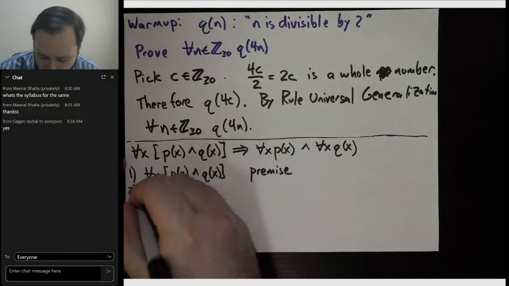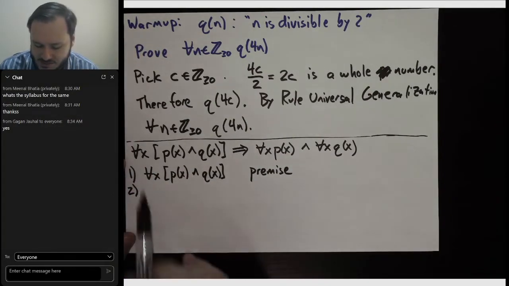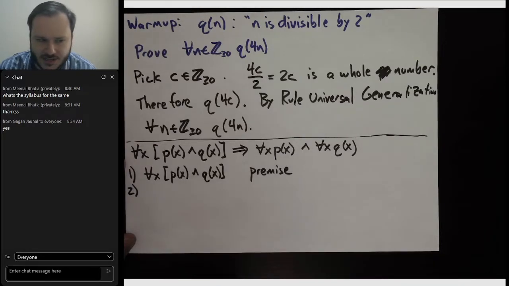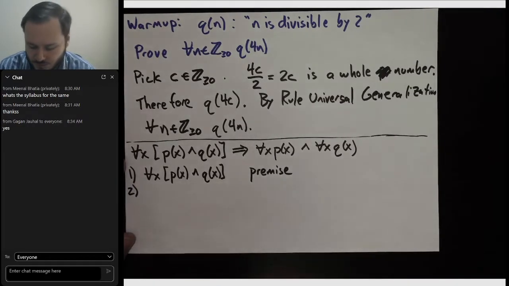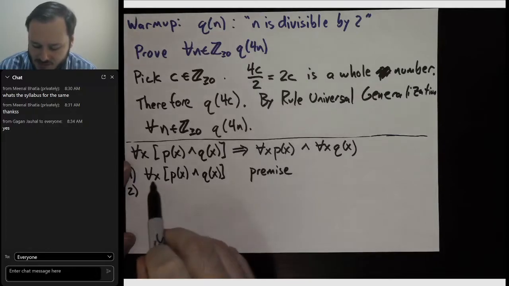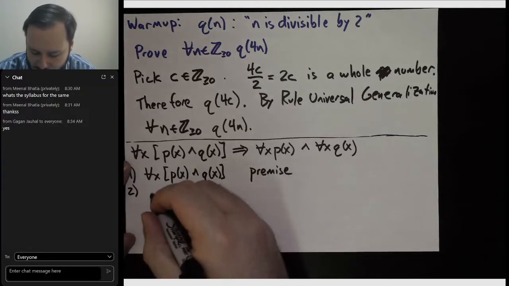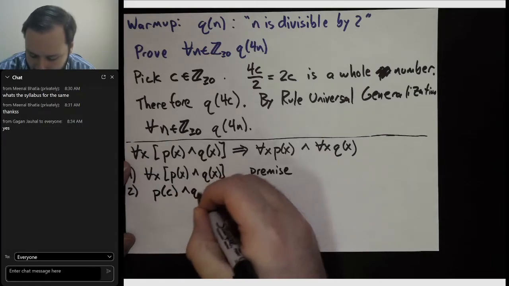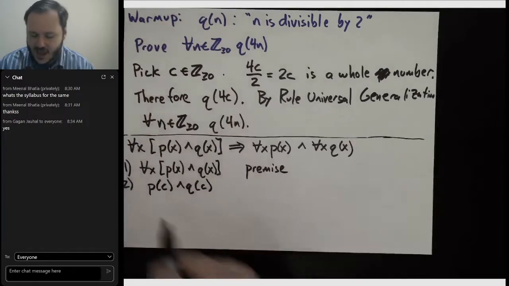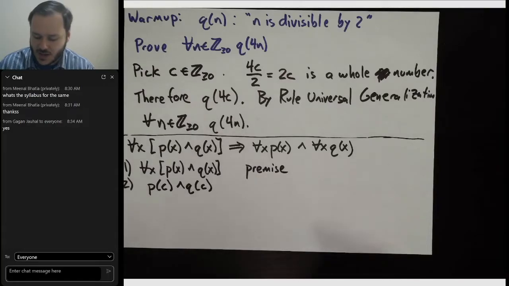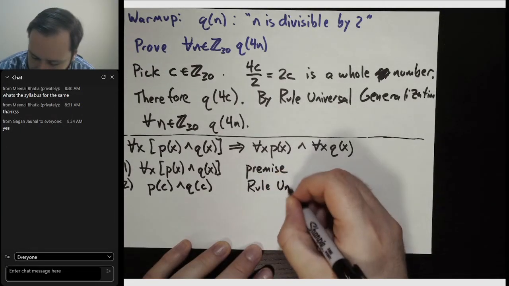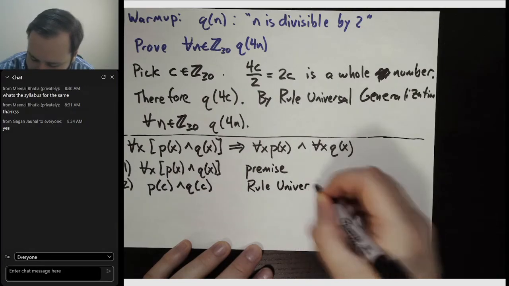My second rule of universal quantifiers is anytime I have a for all statement, I can pick a particular value, and it'll be true for that value. So since this is true for all x, I can pick a particular value, let's say c, and I can say P of c and Q of c is true. And this is true by the rule of universal, not generalization, but specification.